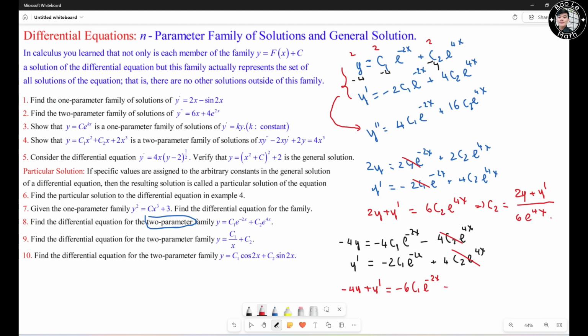Now I need to solve for c1, so c1 equals negative 4y plus y prime divided by negative 6 e to the negative 2x.